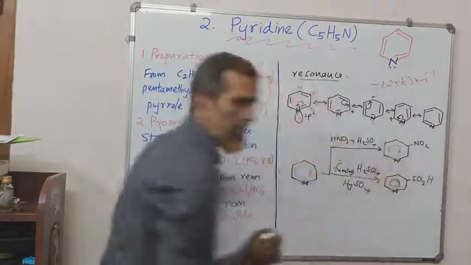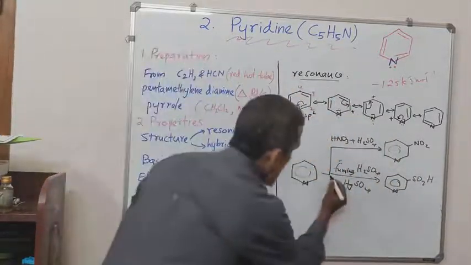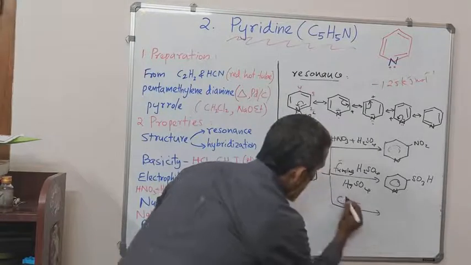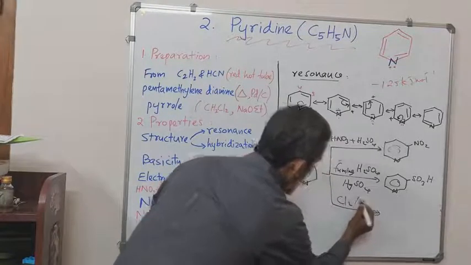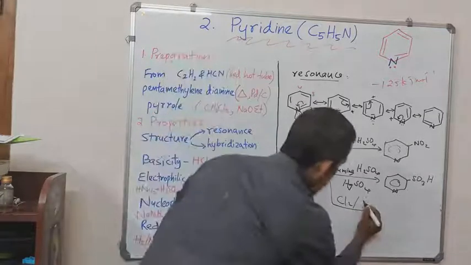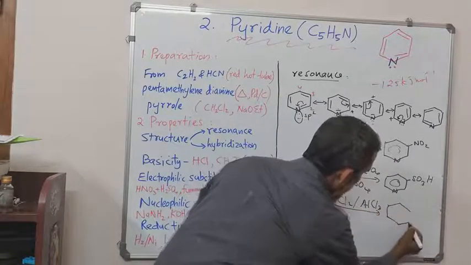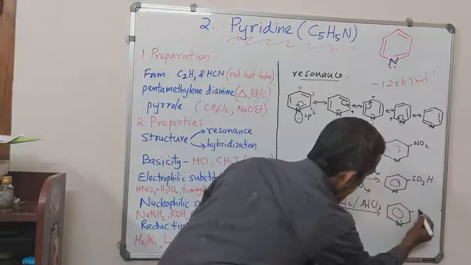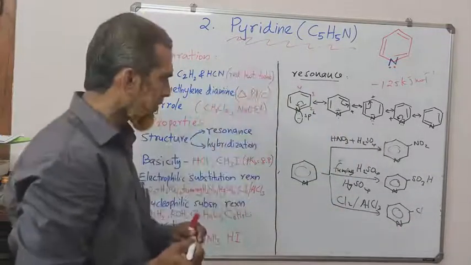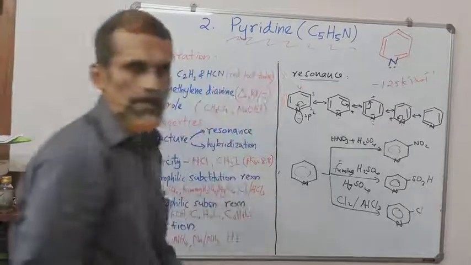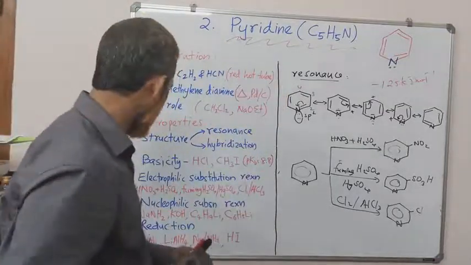Pyridine 3-sulfonic acid. Finally, chlorination is using chlorine in presence of AlCl3, that is a catalyst here, giving 3-chloropyridine as the product. Okay. So we have three examples for electrophilic substitution reactions.